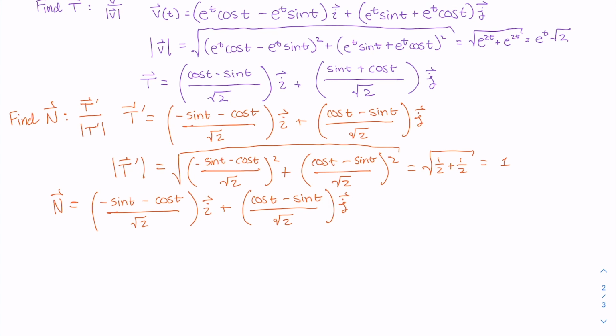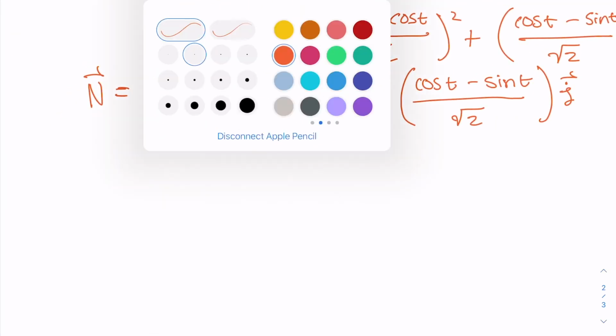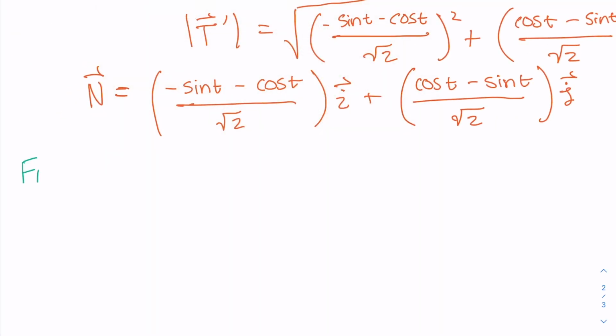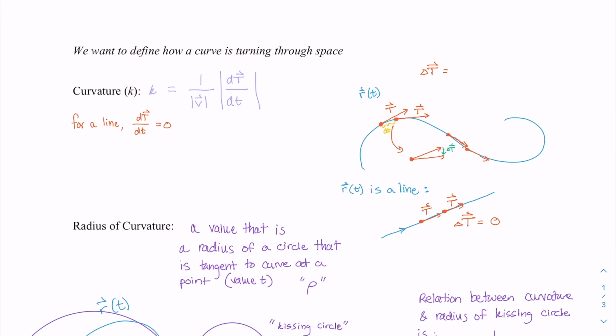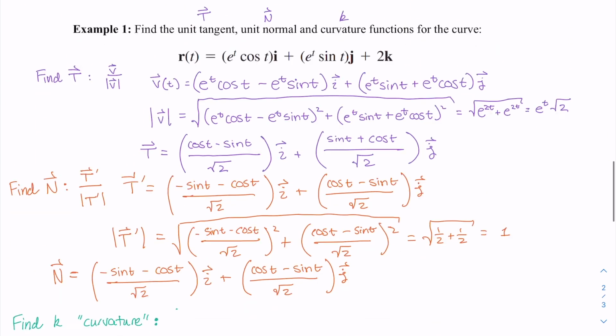And now let's find curvature. I always write my kappas a little funny. So we're finding curvature. If you remember from up here, the formula for curvature is 1 over the magnitude of velocity times the magnitude of the derivative of the unit tangent vector, which conveniently we found all of these pieces. We know this and we know this. So 1 over this value.